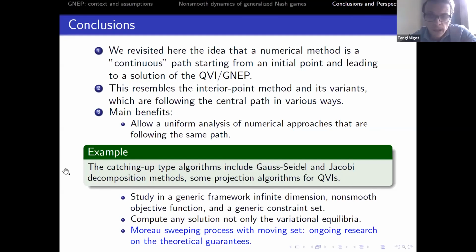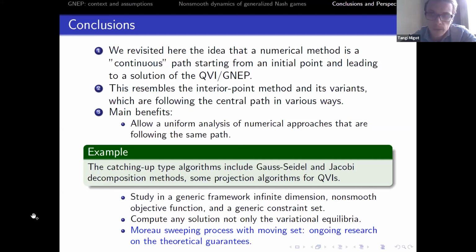And from the existence literature, you can study this method in a generic framework in infinite dimensional space. Here I assume that the objective function was C1, but you can do something non-smooth as well and use, as I presented, a generic constraint set.